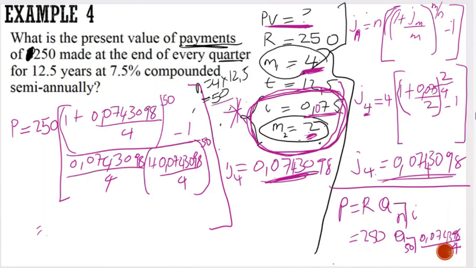If you've got the same compounding periods for your payments and your interest, then you have to first convert. Otherwise, if your calculator can handle everything, then you don't have to. So go and check how powerful your calculator is. If it's not powerful, you have to first convert.